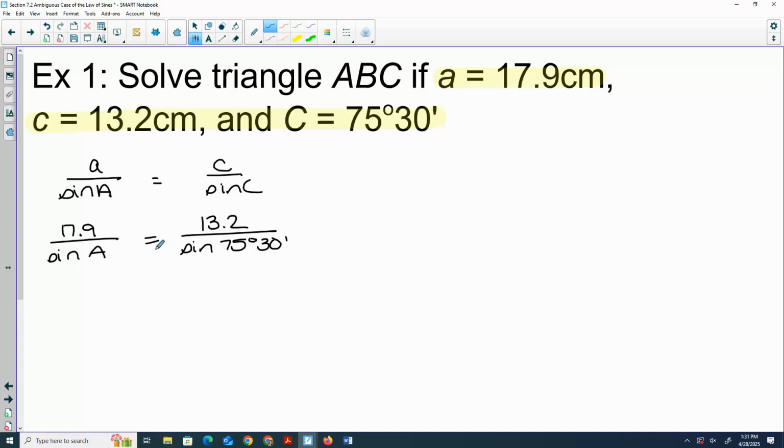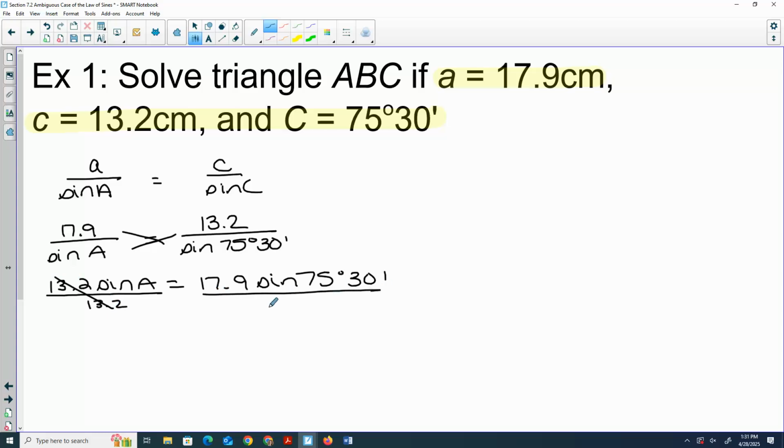Right. So at this point, if we cross multiply, we get 13.2 sine of A equals 17.9 sine of 75 degrees 30 minutes. And we have to divide our 13.2 over. So calculator needs to be in degree mode.